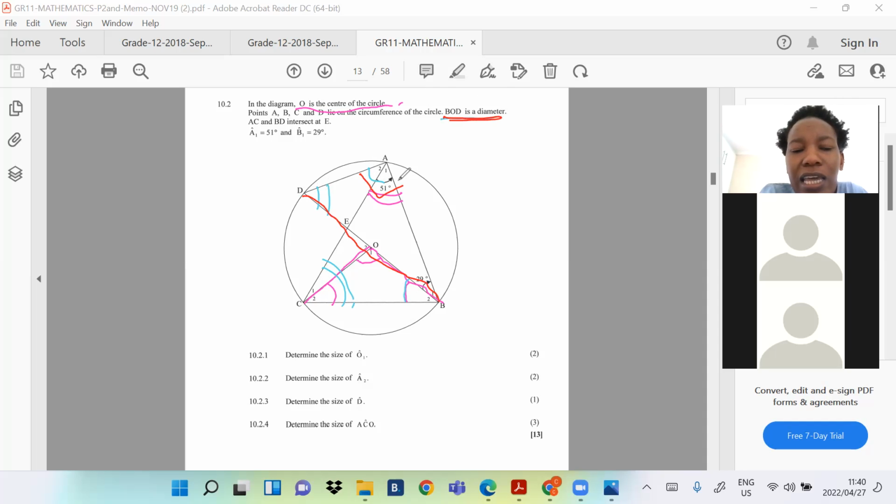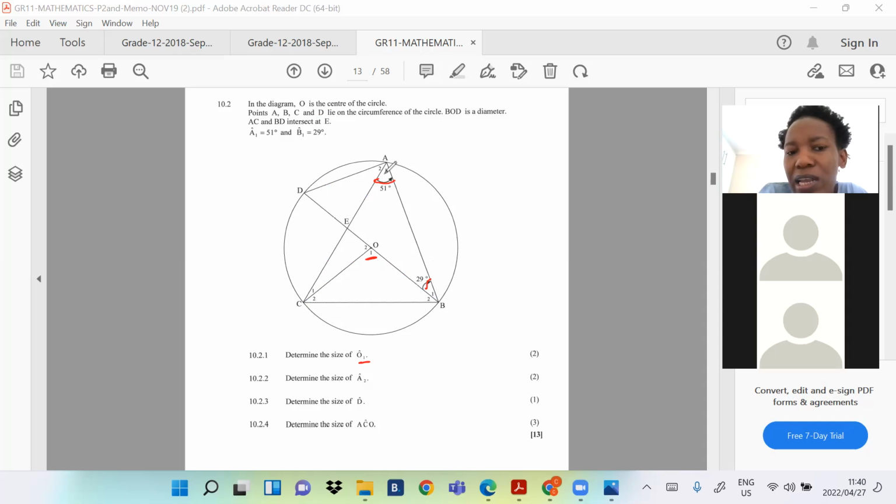And then when you start answering, always check which values you are given. If you are given 51 and 29, see if in one step you can get the answer from the first question, especially if it's a 2-mark. Here we have 51, we have 29, they want O1. Can you relate O1 and B1? No. Can you relate O1 and 51?